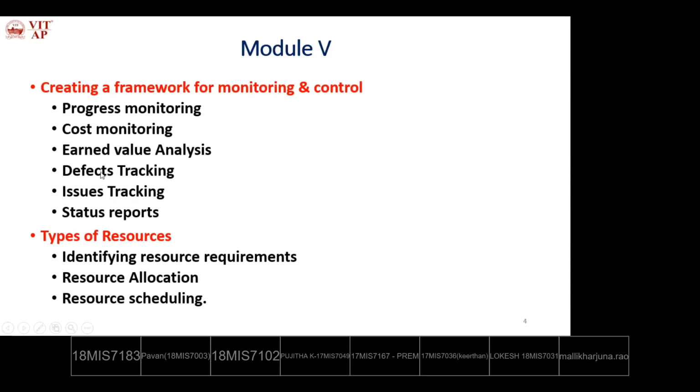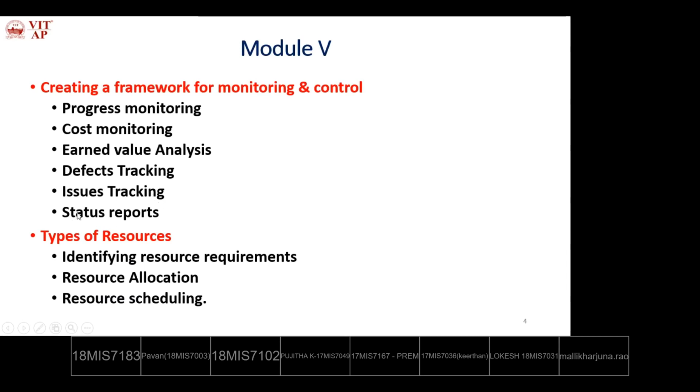Next, defects tracking. Are there any defects existing during project development? Identifying the defects and tracking them. This we already discussed in previous classes in risk analysis. And then issues tracking. After identifying the issues, we will track them. When the issue was generated, when it was resolved, all those things need to be maintained.